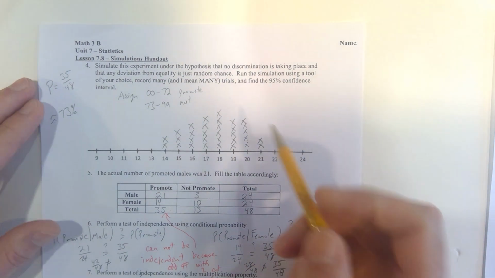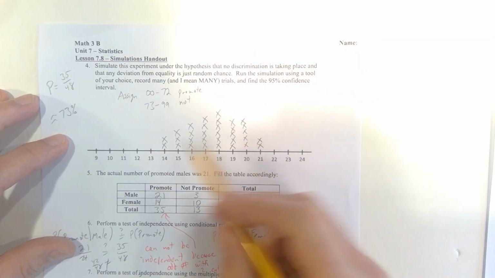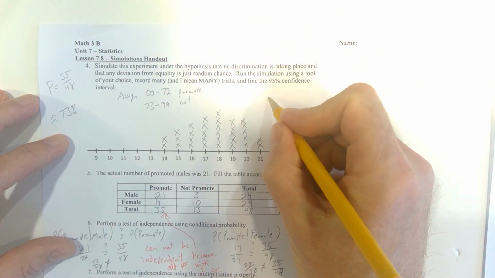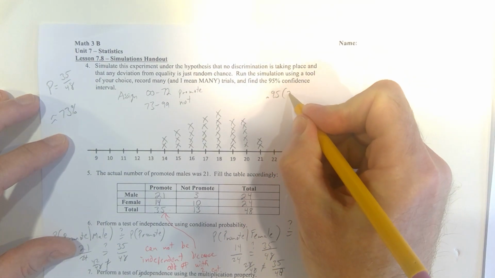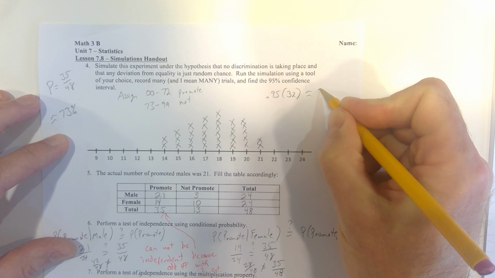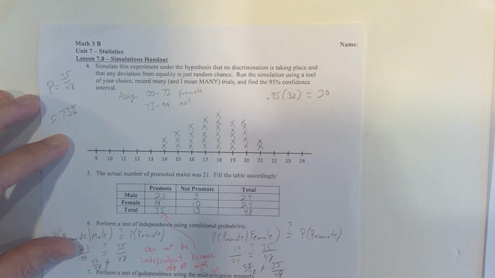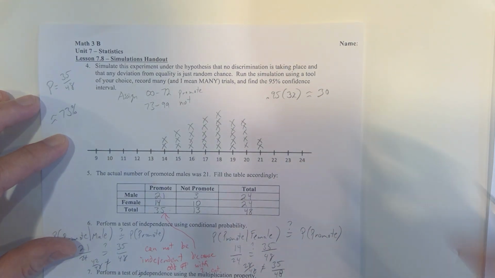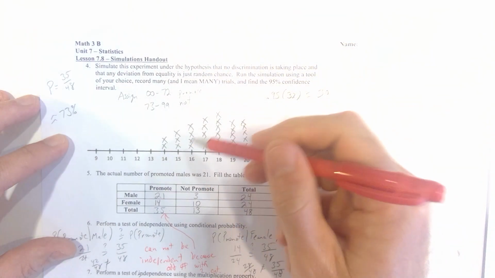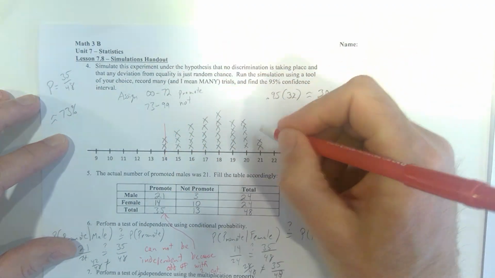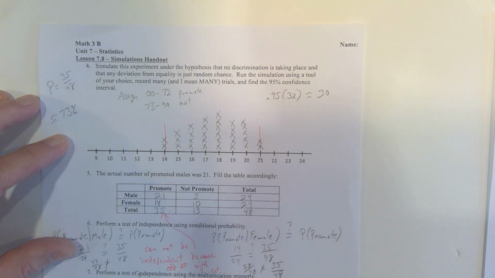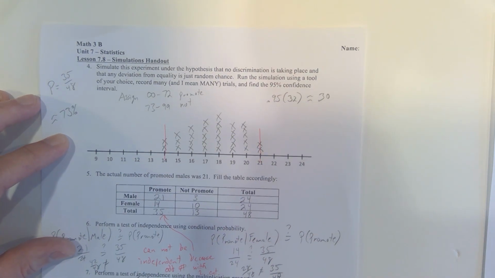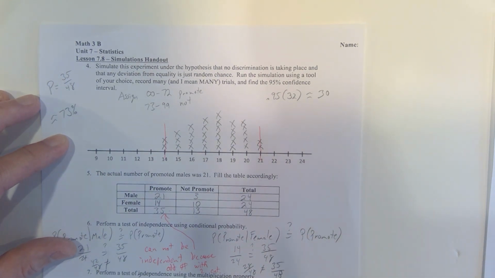So let's see, this is 32 x's again, so 0.95 times 32. Right, I want to capture approximately 30. Turns out I have 2 on each end, so right, I got to do that. I can only get 28, but that's okay.